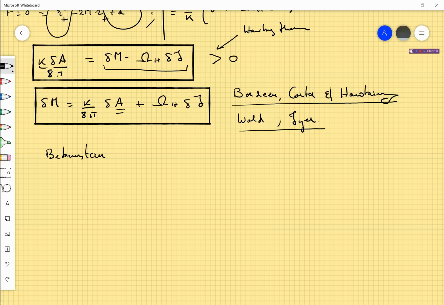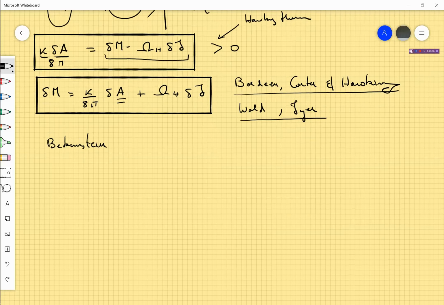So unless you consider that the black hole has entropy, and this entropy increases when it swallows things, well, the second law of thermodynamics in general is not universally valid. You could violate it with black holes. And this entropy should be roughly proportional to the area.